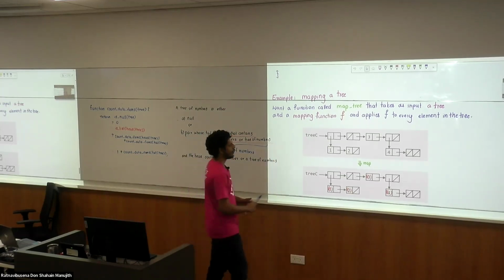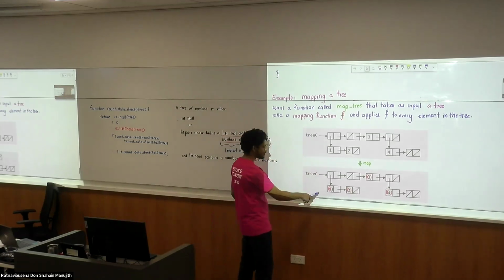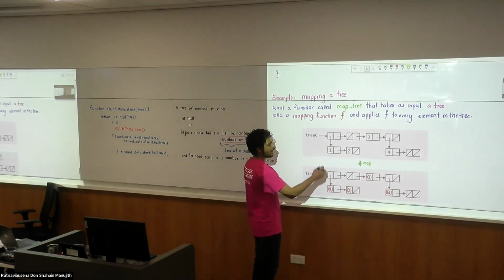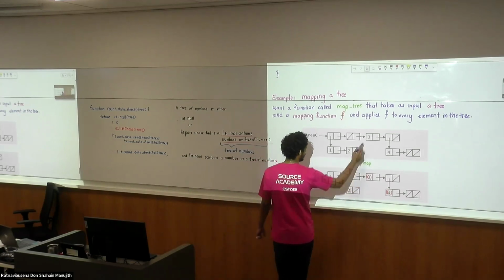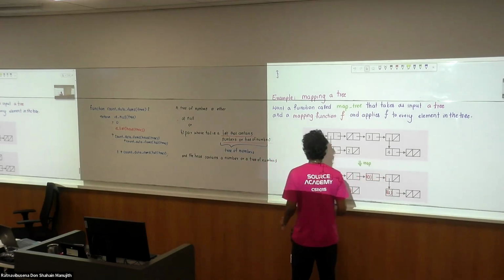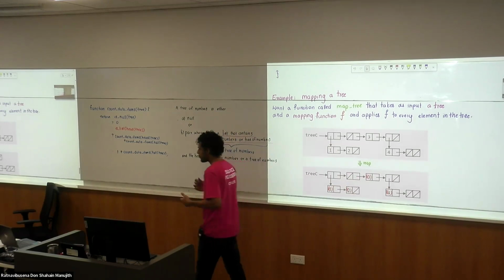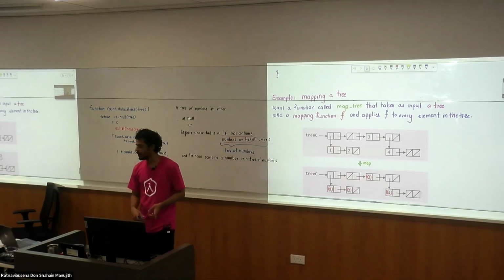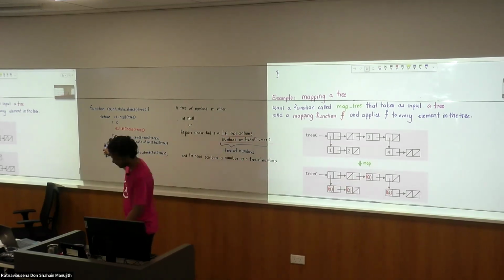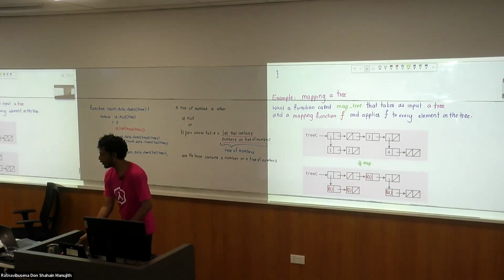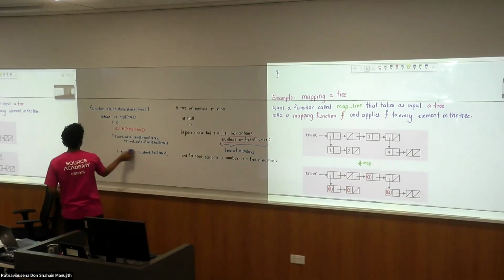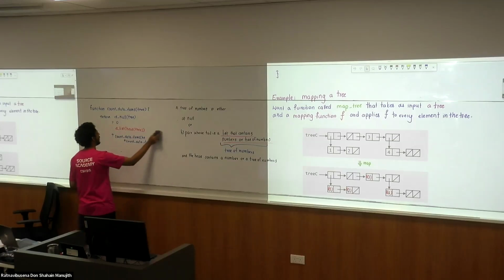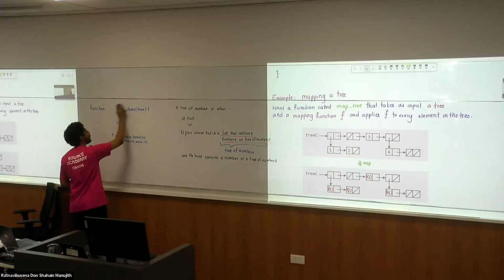In this case, we have this tree and we want to get this tree. Can you see that 1 goes to f of 1, 2 goes to f of 2, 3 goes to f of 3, and 4 goes to f of 4? So we want to write this function. You don't need to copy down this stuff. You should be able to write it down anyway, without looking at anything.